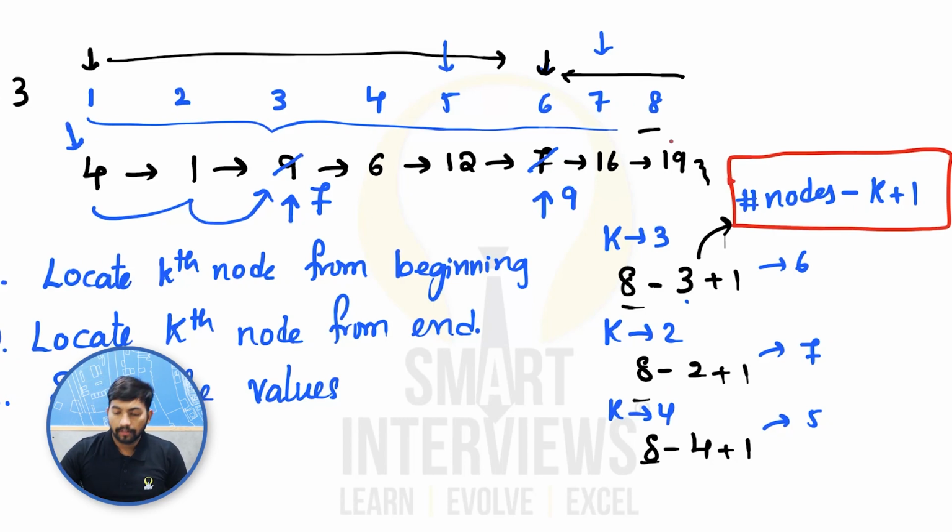So now, if we find out the position of the node from the beginning, we can simply start at the beginning again and traverse to it. So first, we'll locate the kth node from the beginning and store its value. Second, we'll traverse to the kth node from the end by starting from the beginning. We'll store its value and swap these values.